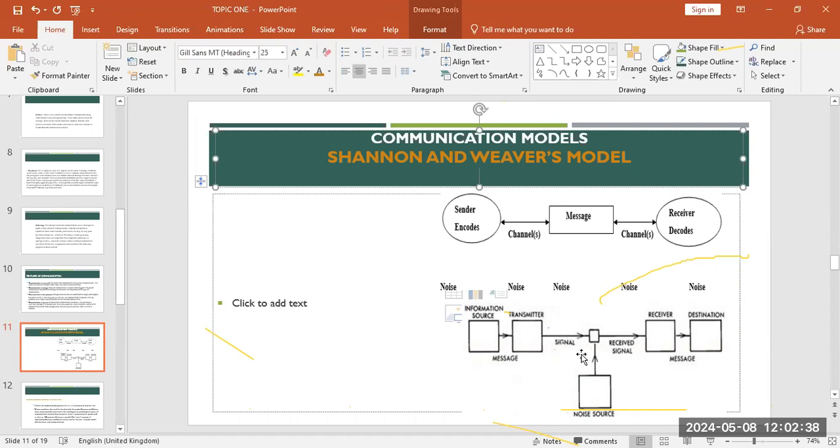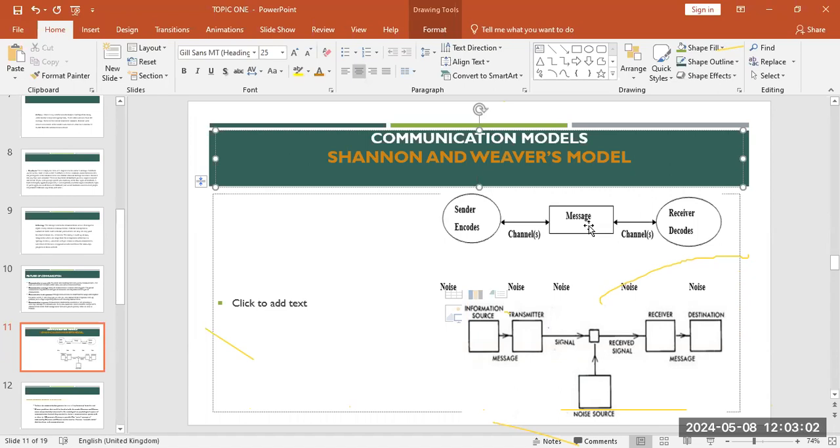Noise is any interference. Noise can be on the side of the receiver. It can also be on the side of the sender. It can also be on the message. Maybe the message cannot be understood, or the message is not clear. Noise also can be on the side of the channel.